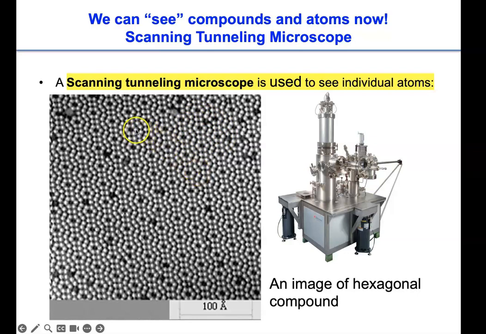These circles, each of them is an atom, and this is a hollow space. And atoms are arranged in a pattern in this compound. And this space is the distance of 100 angstroms.